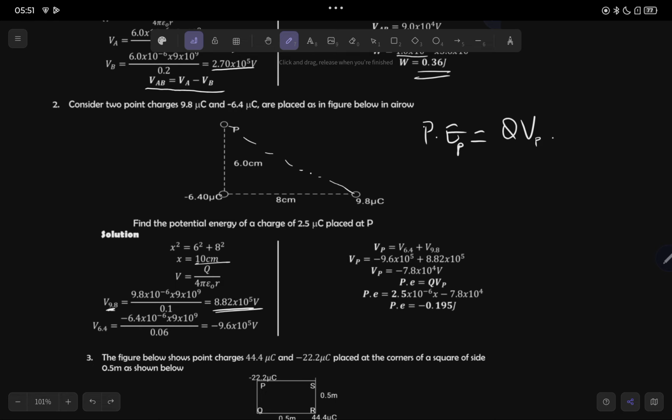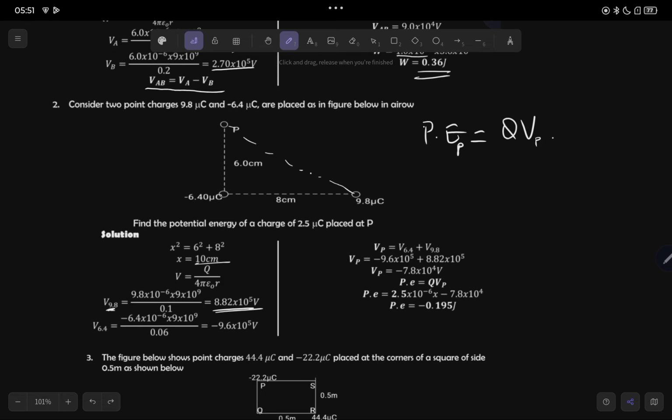Then we use the formula for electric potential, V is equal to Q over 4 pi epsilon naught R. We substitute the values that we have, and we get the electric potential at P due to the 9.8 microcoulomb charge as 8.82 times 10 power 5 volts.